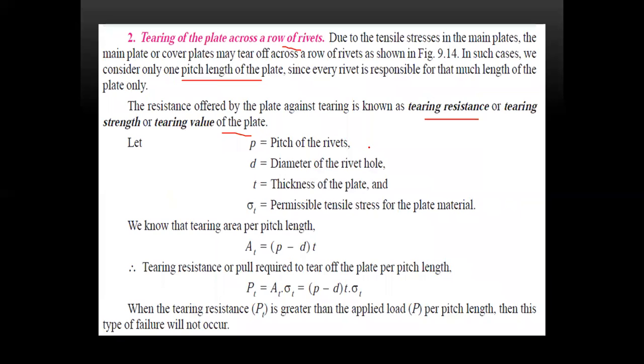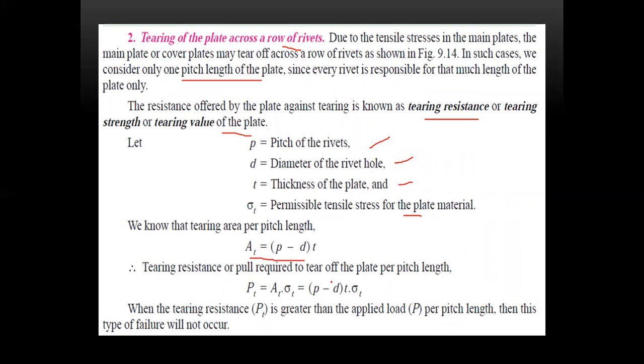So for this we consider p equal to pitch of the rivets, d equal to diameter of the riveted hole, t equal to thickness of the plate, and sigma t equal to permissible tensile strength of the plate. Now the tearing area per pitch length is A t equals (p minus d) into t.